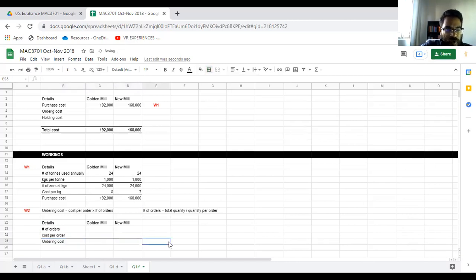So we know the cost per order. It's going to remain the same for both companies. They told us the estimated cost to place one order amounts to 1,200 Rand. And then they say the cost per order for new mill is 50% higher. So cost per order for golden mill is 1,200, and then this is going to be 1,200 multiplied by 1 plus 50%, which is 50% higher.